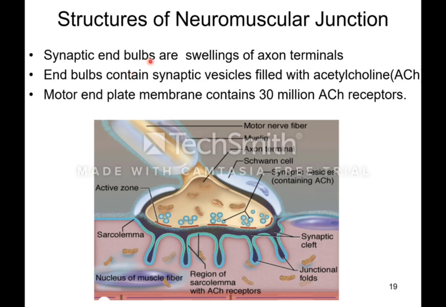Synaptic end bulbs are swellings of the axon terminal. The axon terminal contains synaptic vesicles that are filled with acetylcholine. The neurotransmitter of the skeletal muscle is acetylcholine.